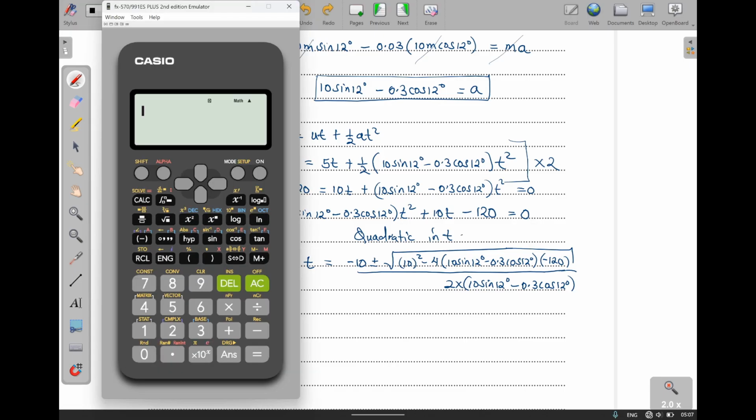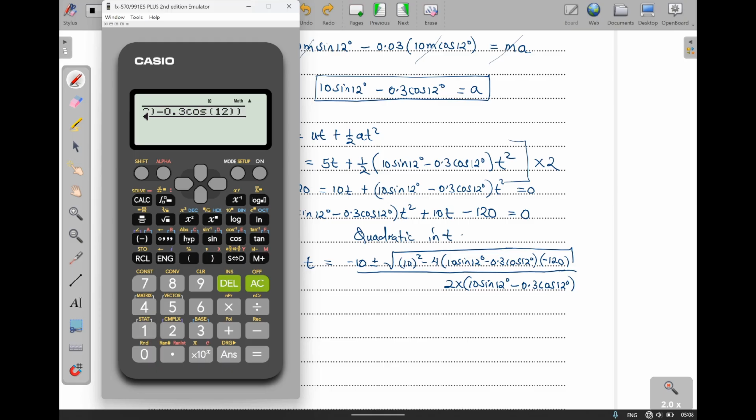So putting everything in the calculator, we are going to have negative 10, plus the square root of 100, then 4 times 120, that one is 480. So I can say plus 480, because the negative times the negative gives a positive. And then here we have 10 sine of 12 minus 0.3 cos of 12.